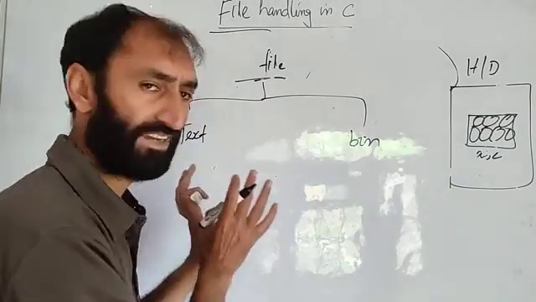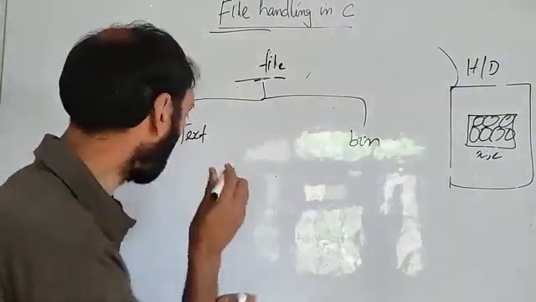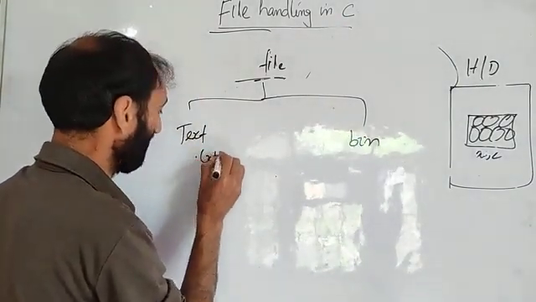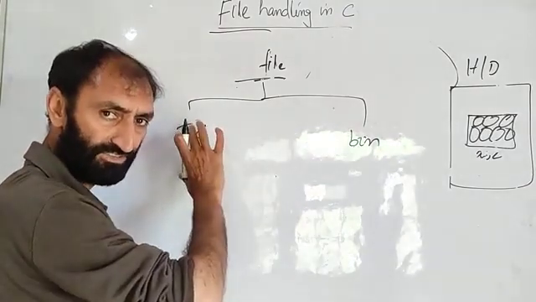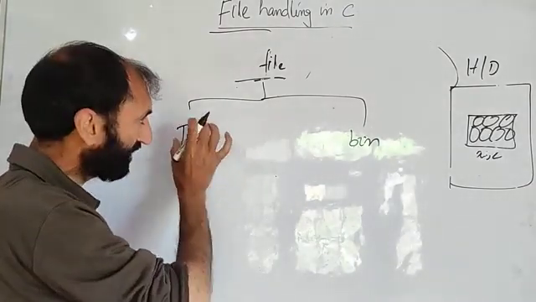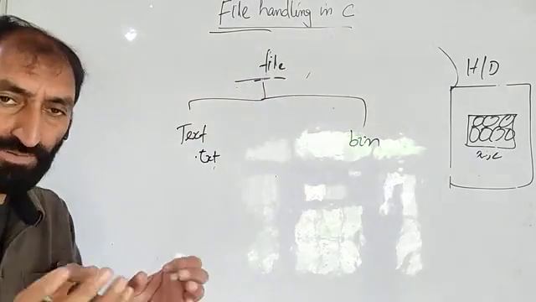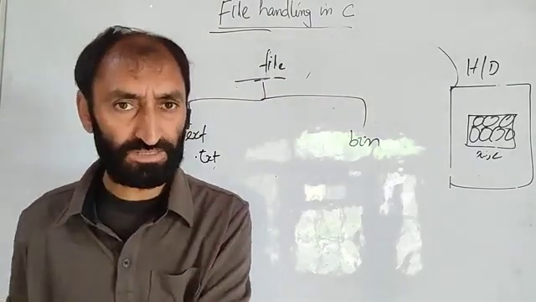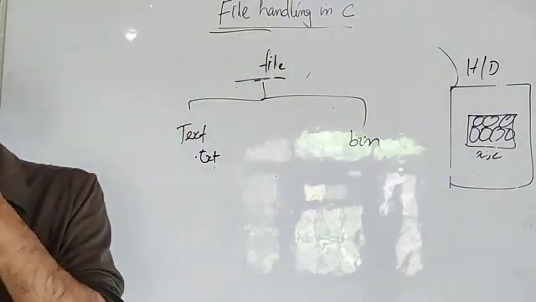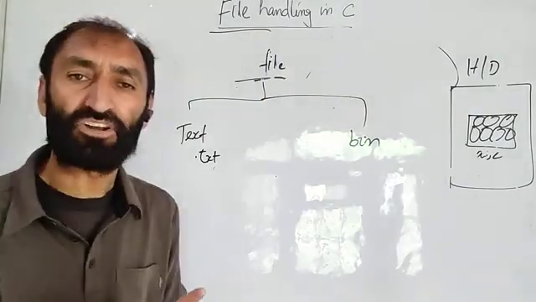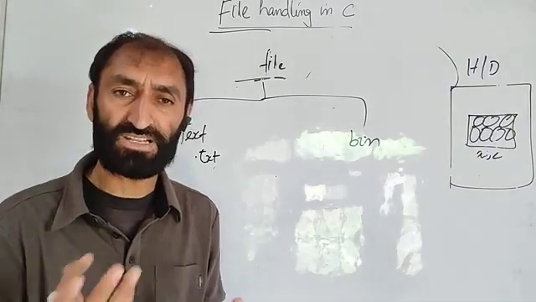These are the text files, and .txt is the extension of the text files. The text files are those types of files which are created with the help of alphabets, symbols, numbers, or special characters.